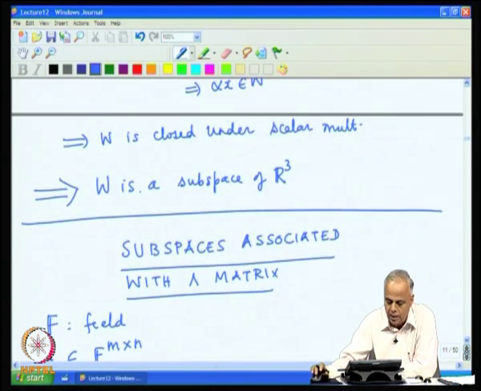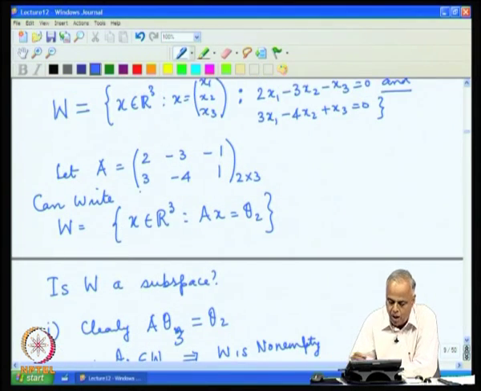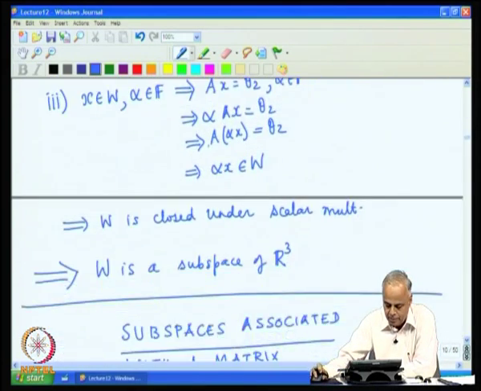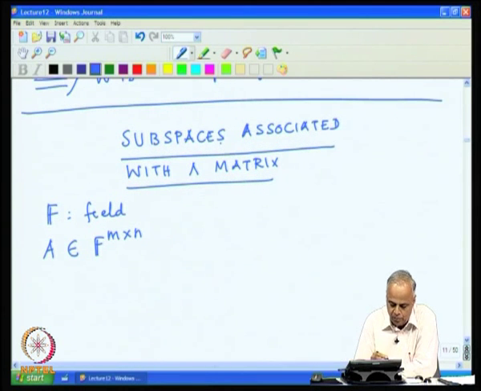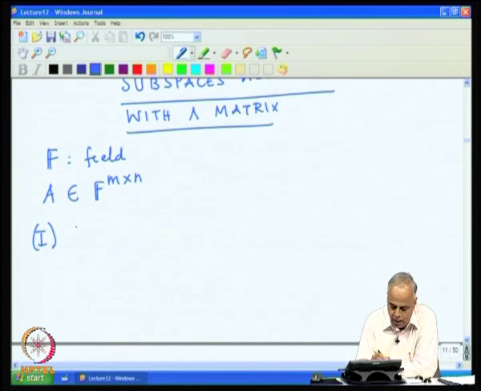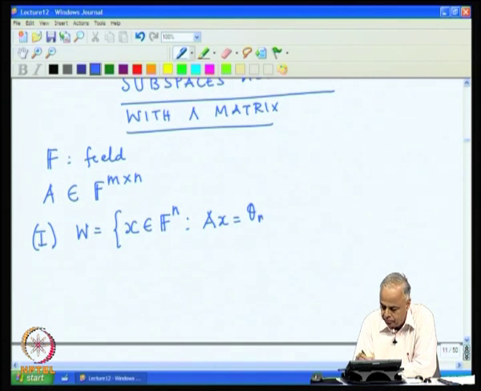Now, we can generalize the previous example and then instead of R 3, now we look at R n and look at all those vectors which get annulled by A. So, the first subspace connected with the matrix A is the following. We look at W to be all those vectors in F n such that A x equal to theta m.